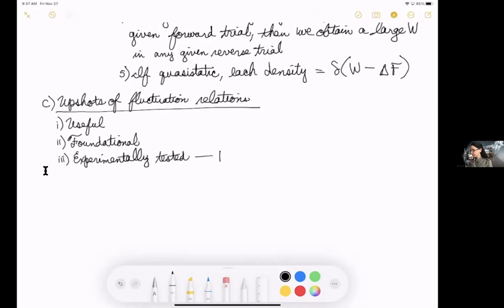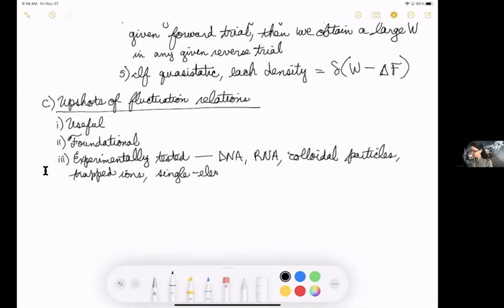Platforms used include DNA, RNA, colloidal particles, trapped ions, single electron boxes, and probably a fair amount more at this point.